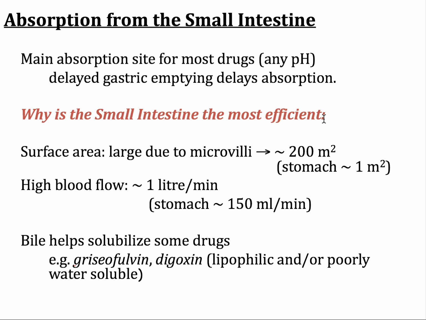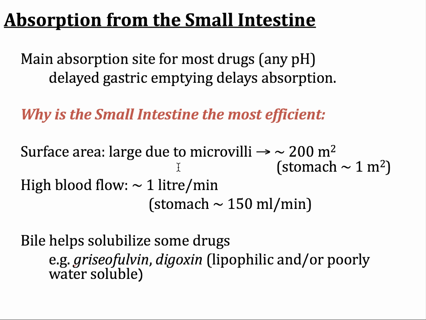Well, it's because the small intestine usually has a very large surface area and very high blood flow, so very high blood velocity, above a litre per minute. And the surface area is about 200 meters squared, compared to the stomach, which is 200 times less, so it's only 1 meter squared. So you can see the surface area. And you know from biology that surface area affects the rate of absorption. The greater the surface area, the much more absorption you have of the drug.